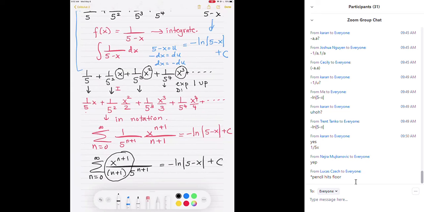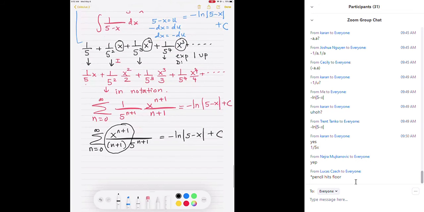Don't litter. Don't make your mum pick it up. So are we there? I'm just using the formula because the constants have nothing to do with it. Reminding you, this is true when x is between -5 and 5.